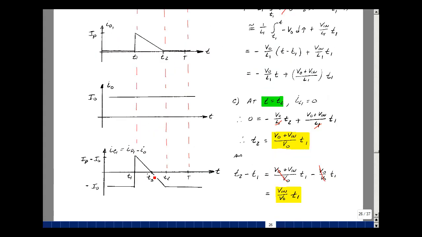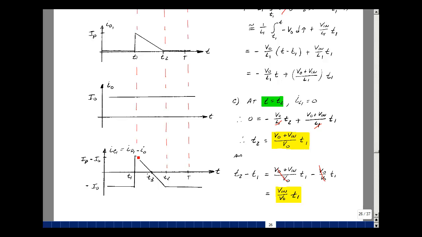Here's T3 minus T1. Here's my height of I sub P minus I0. So it's going to be 1 over C1, 1/2 this difference times this minus 0. I don't have an expression for T3 minus T1, but I do for T2 minus T1. So again, I could use similar triangles.